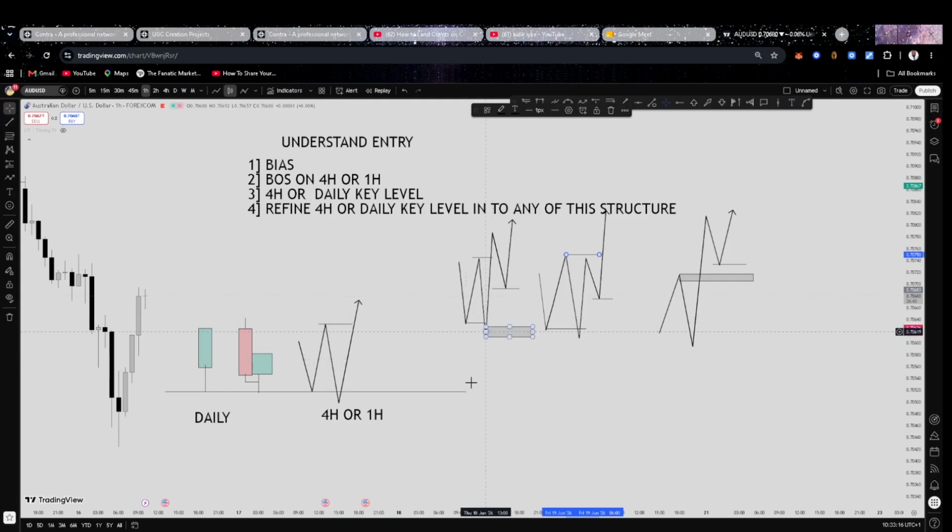Because when we have a sweep of liquidity and a break of structure, this low is protected. A lot of people trade just structure and they are good because they understand bias. If you don't understand bias and you want to trade structure, then you will experience a series of losses. Bias will help you trade this the right way.